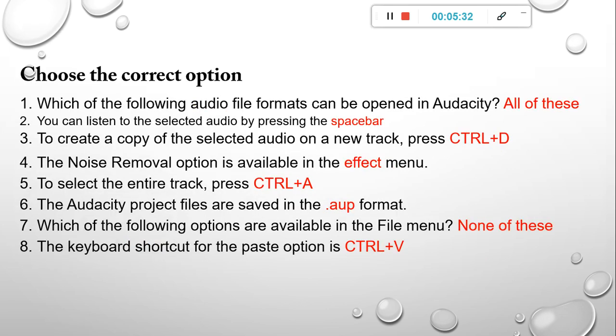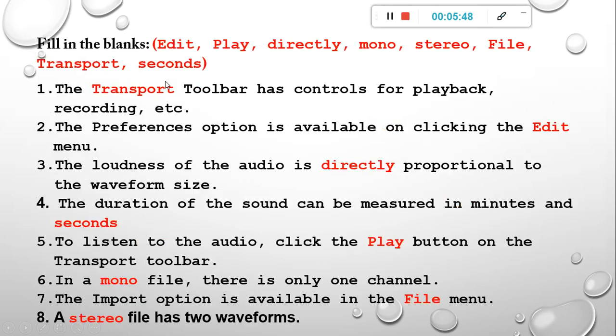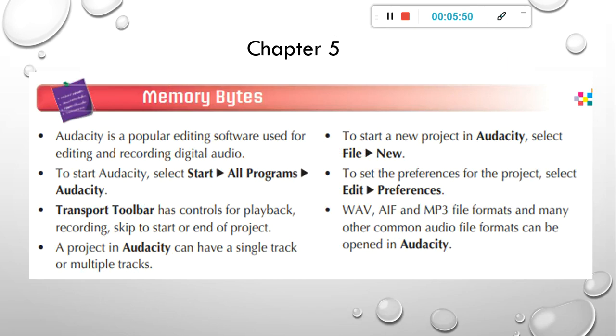Then last one is choose the correct option. Again here I typed only the answer. The first question is, which of the following audio file formats can be opened in Audacity? That's why I'm telling you to learn this memory byte, because the question is coming from the memory byte.